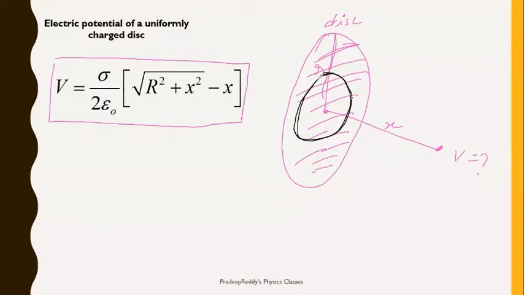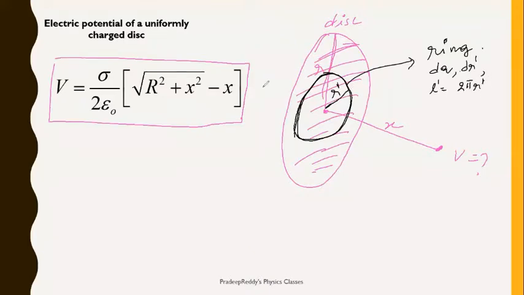If you cut this very small element of the disk, what you will get? This is a ring, right? This ring has charge dq, its radius I consider as r dash, and its width is dr dash, and total length of this will be 2 pi r dash.